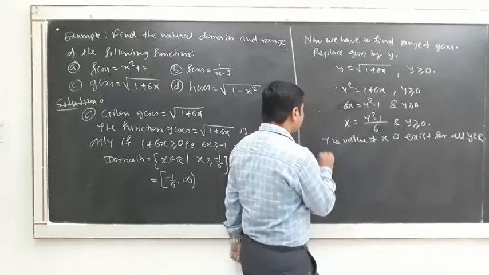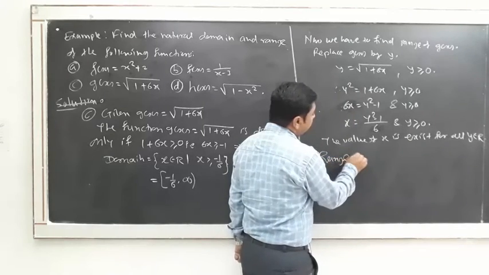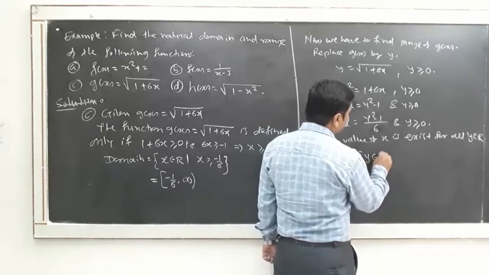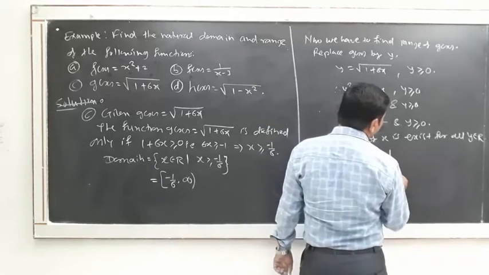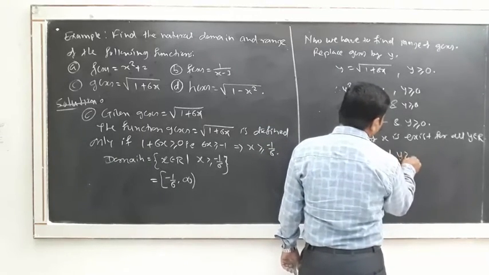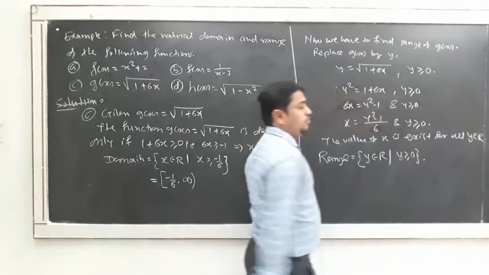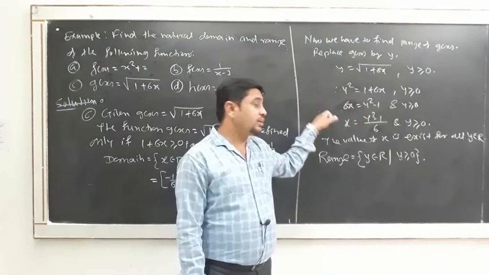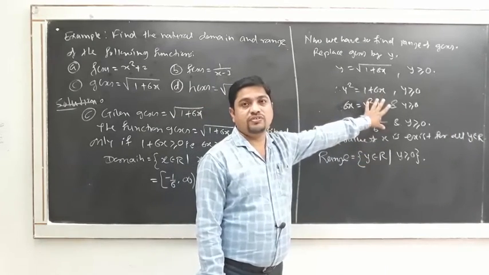That means the range is equal to all y belongs to R, such that y should be greater than or equal to 0. Is it? This square root is positive, therefore we are writing two conditions here.